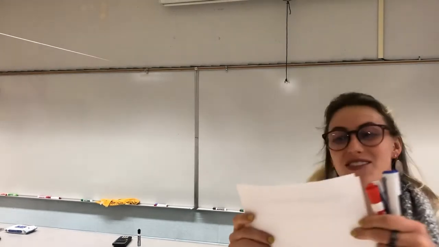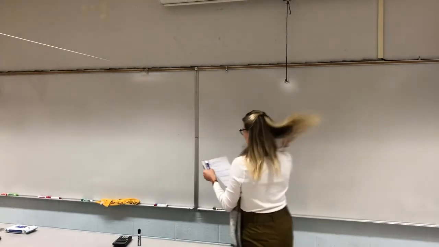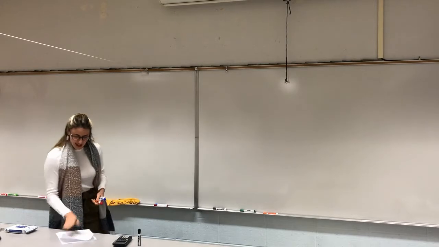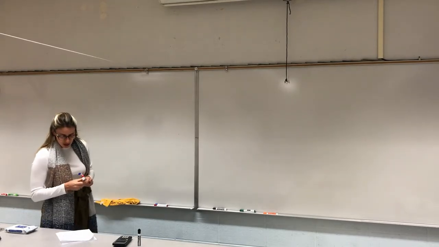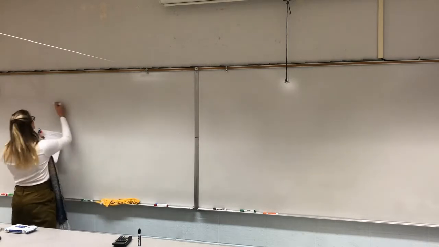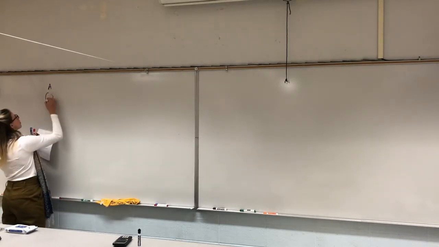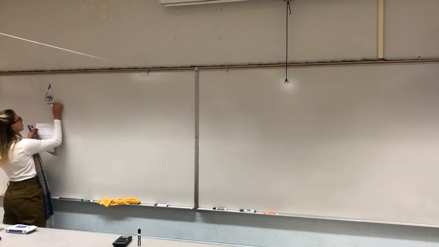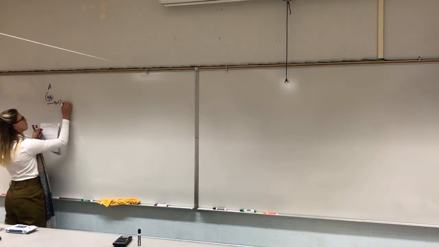All right, collisions using zero momentum frame. It says, two balls are rolling towards each other. Ball A has a mass of 4 kilograms and a velocity of 2 meters per second.